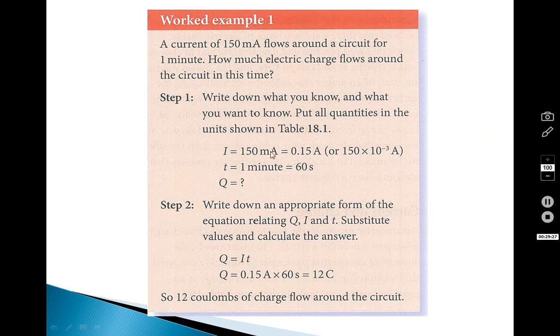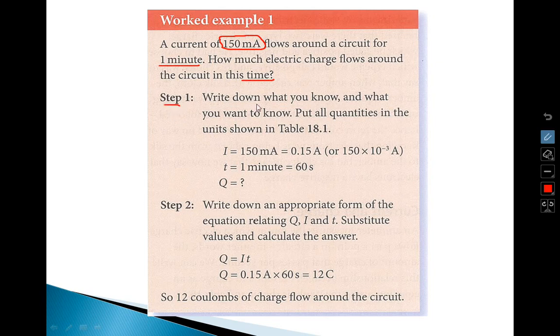Now we will take a worked example to make these things clear. In this example, we have a current of 150 milliampere. This current I flows around the circuit for 1 minute. How much electrical charge flows around the circuit in this time?